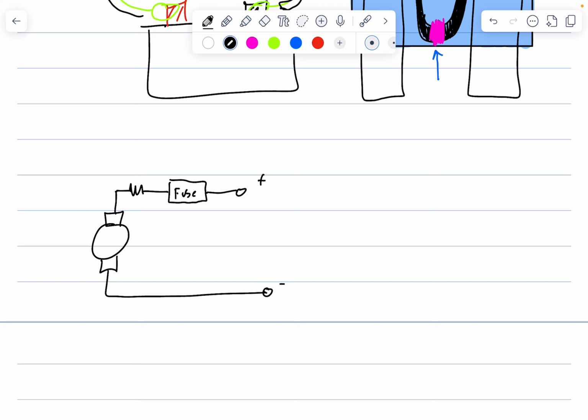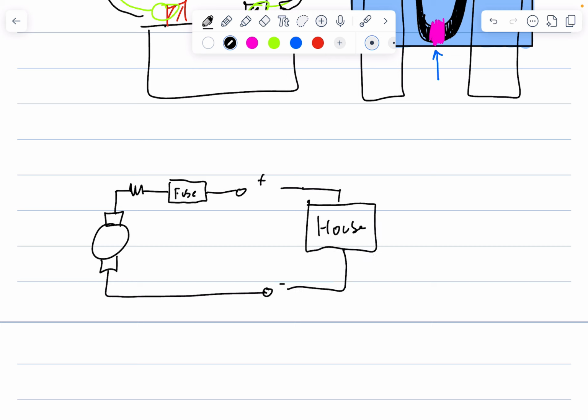Say you have something important here. Say you're using this generator to power your house, or your car, or whatever.